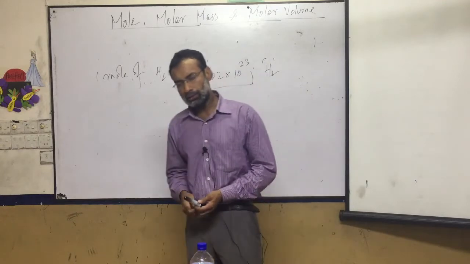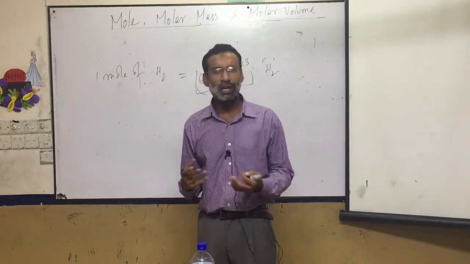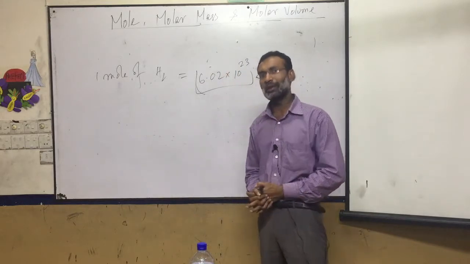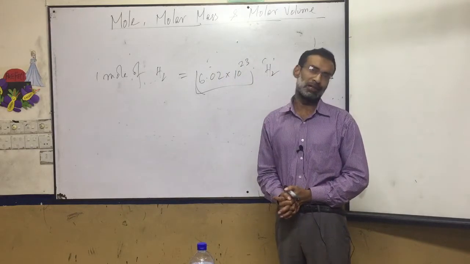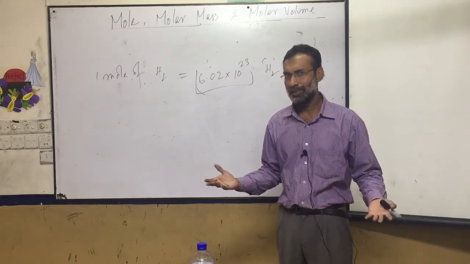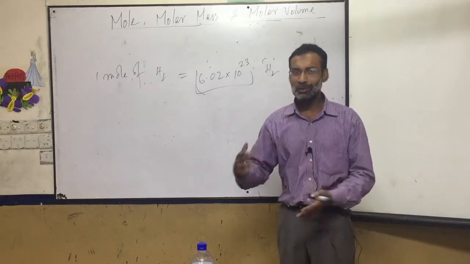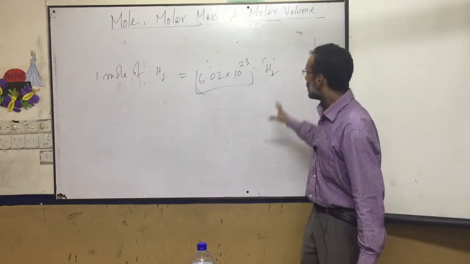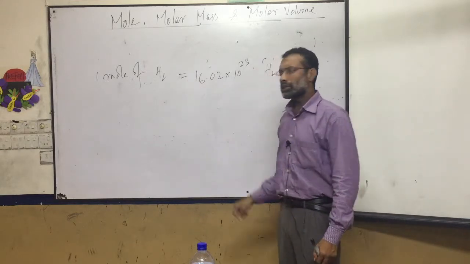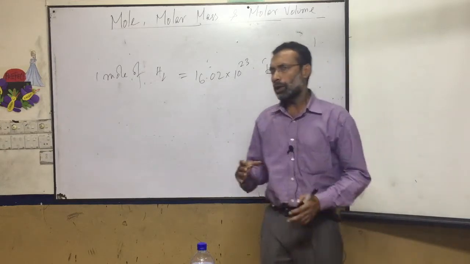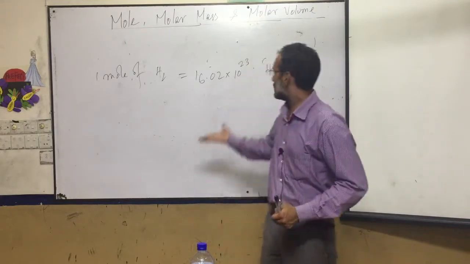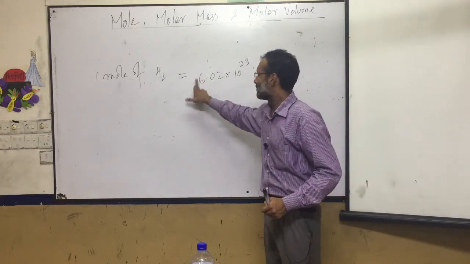We already know that hydrogen molecules are very tiny. Their real masses are almost negligible and cannot be measured with a balance with the current system. They can be measured relative to the carbon scale, surely. But here we consider the real mass of this number of particles together. This is possible, like you can measure the mass of 12 pens together. You can also measure this number of molecules together.